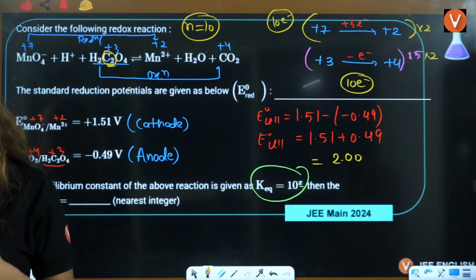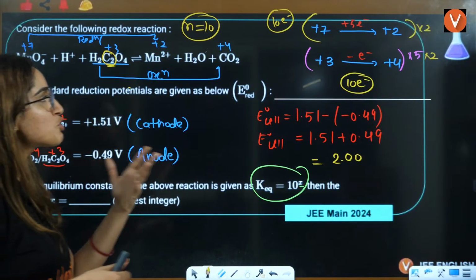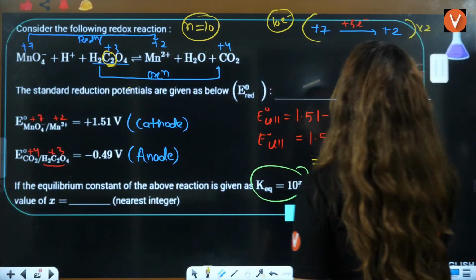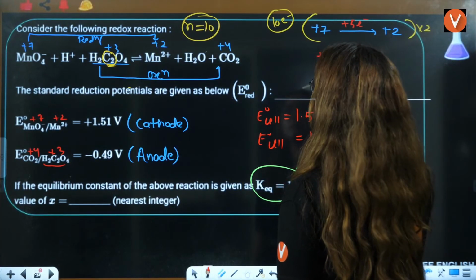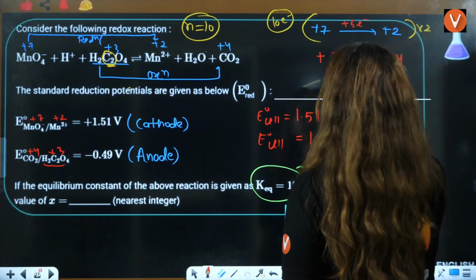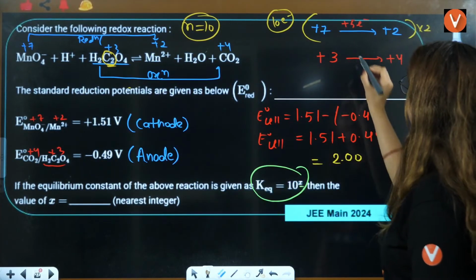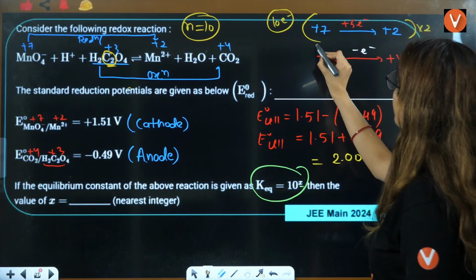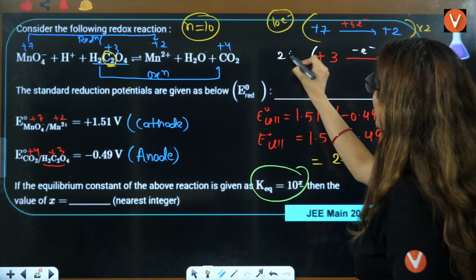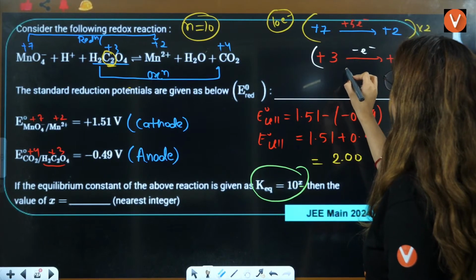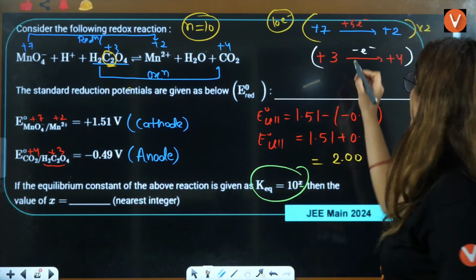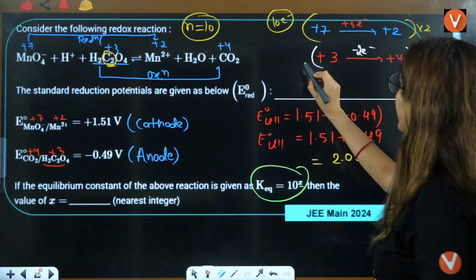Yes, everyone? You can also learn it, you can also not learn it. You can also understand it this way, that this is plus 3, this is plus 4. This is for 1 carbon. It is losing 1 electron. For 2 carbon, it will be losing 2 electrons.